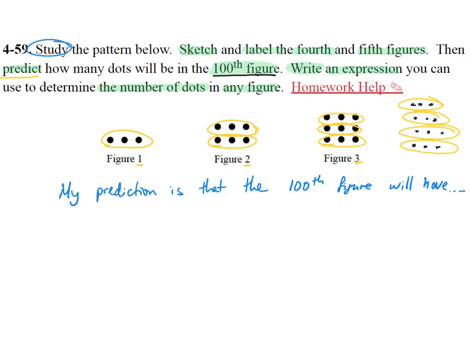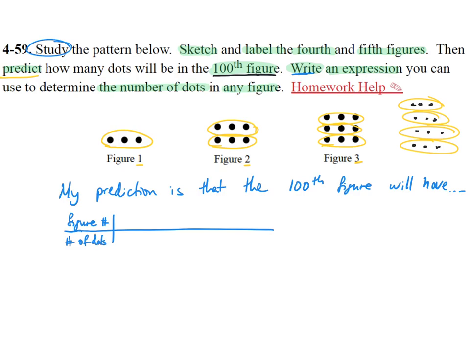Now the other direction is saying write an expression. So to write an expression for any number of dots, perhaps we can organize the information in a table first, so that will help me determine. So I'm going to count figure number, and then number of dots, or total number of dots.